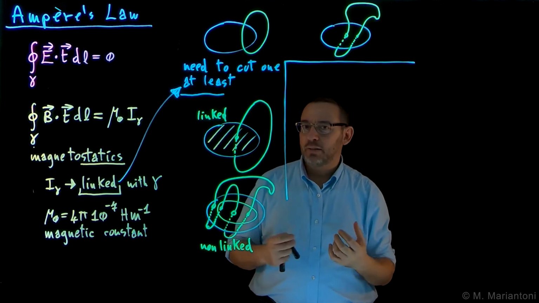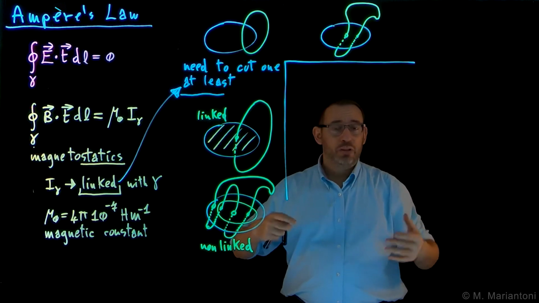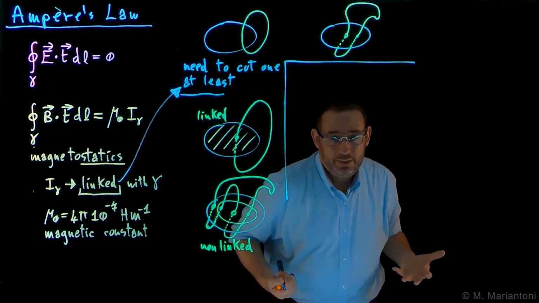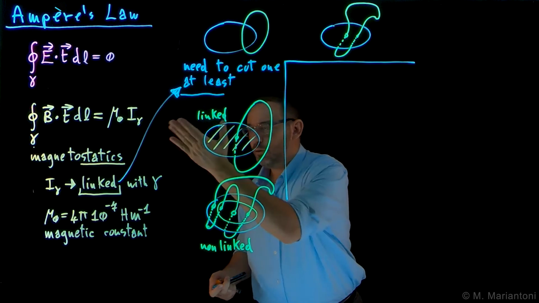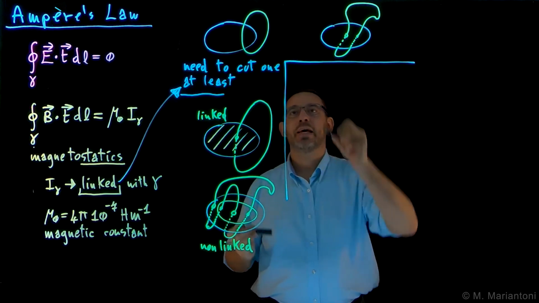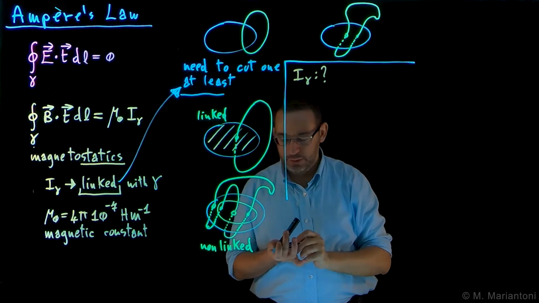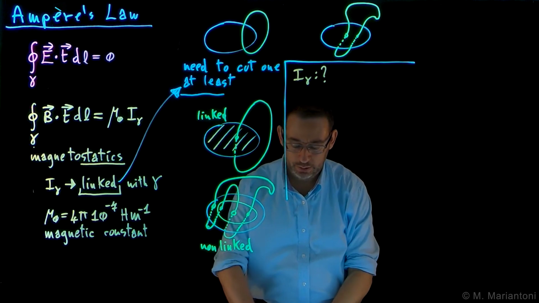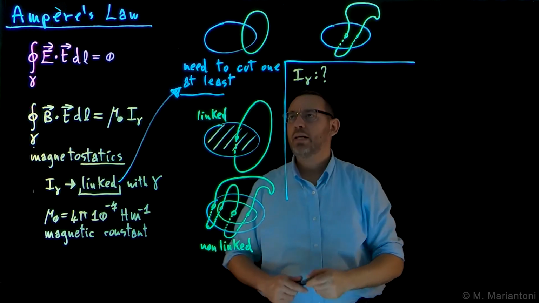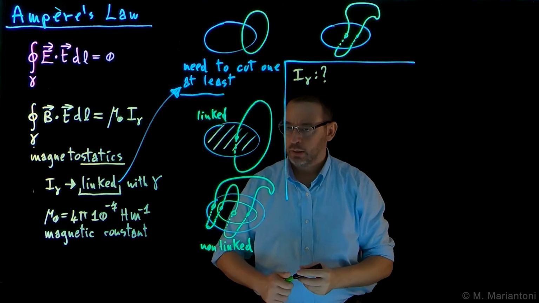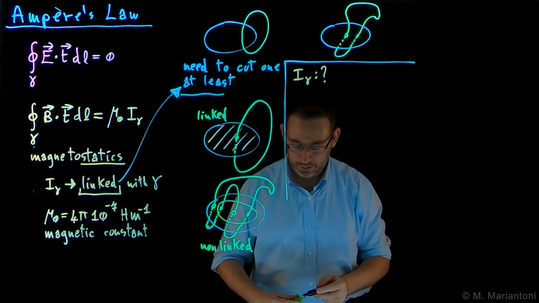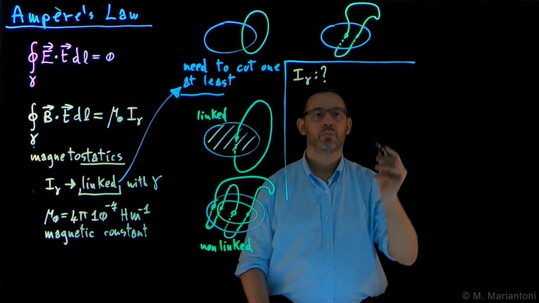Remember that these currents are due to charges that are moving, and we know that charges sum algebraically, so the same rule has to apply here. So what is this concept of I gamma? Let's understand it by means of this simple example. We consider one line, this line in blue here.